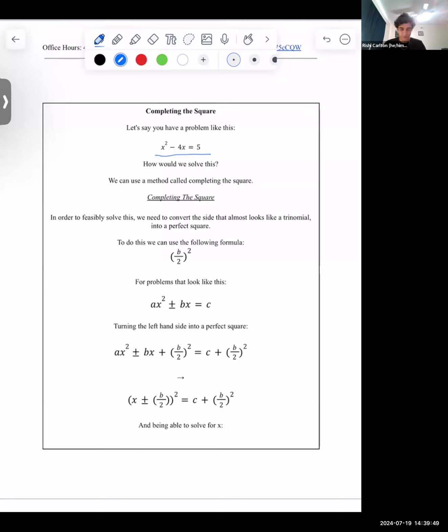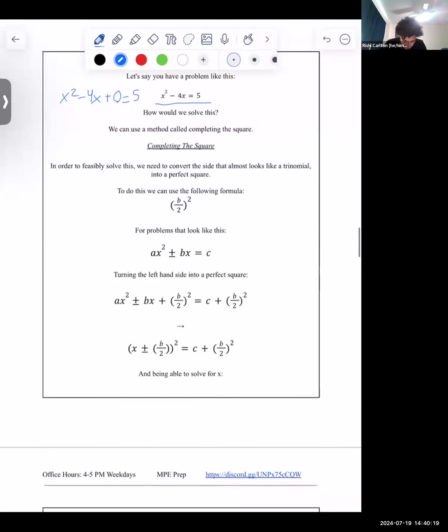What we want is to make it so that the c value, which in this case is kind of zero, there isn't a c value. It's like x squared minus 4x plus c, or plus 0, is equal to 5, right? There isn't a value there yet. You could subtract the 5 over, but there's something missing from this because 5 isn't really a square.